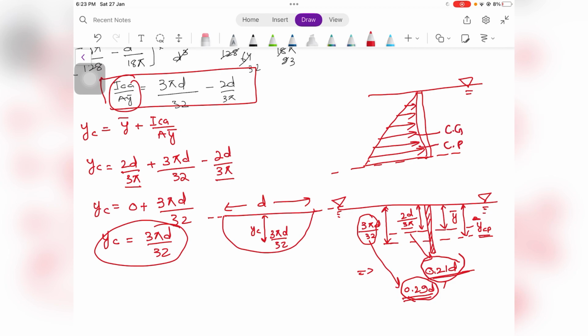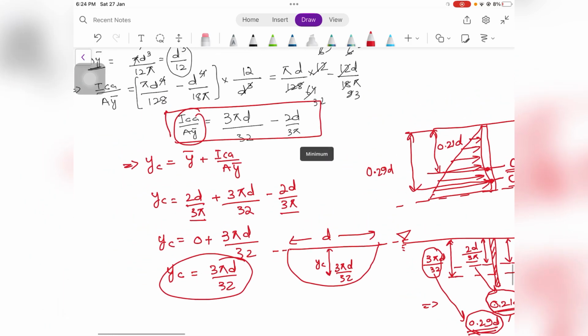So if this is the CG of the plate and this is the CP or the center of pressure of the plate, then this depth is 0.29 and this depth is 0.21 times the diameter.